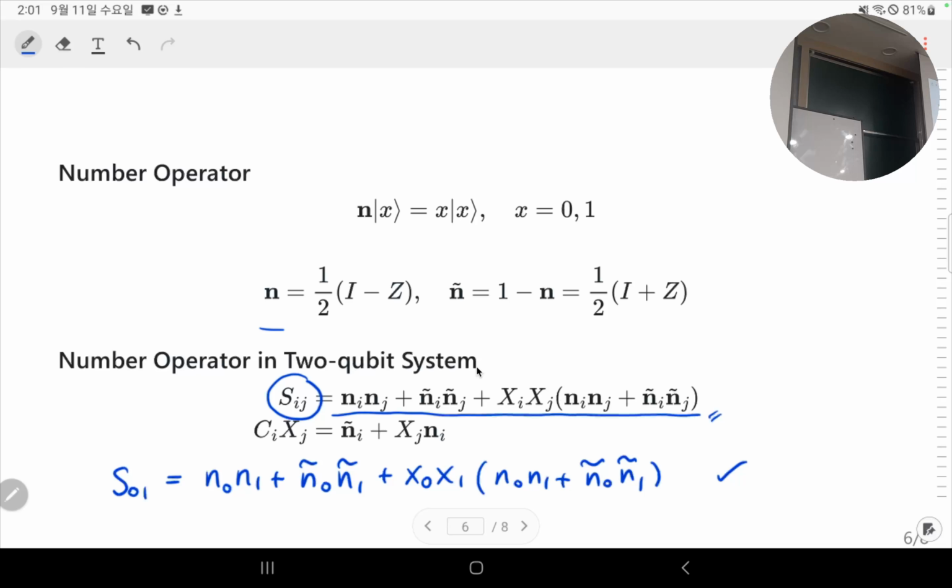It acts on each qubit separately, the 0 qubit and the 1 qubit. But it's an annihilation. So it annihilates state 0, right? So when does this operator make the qubit state survive?